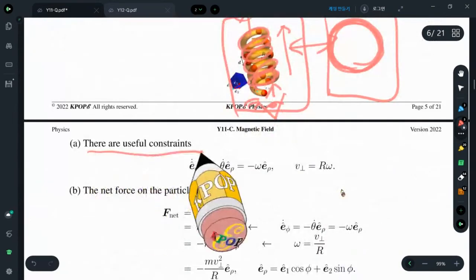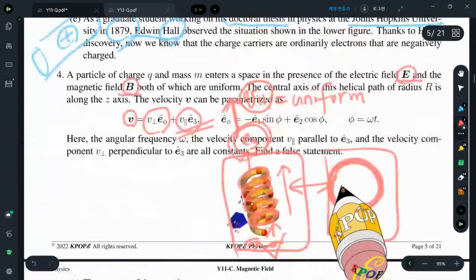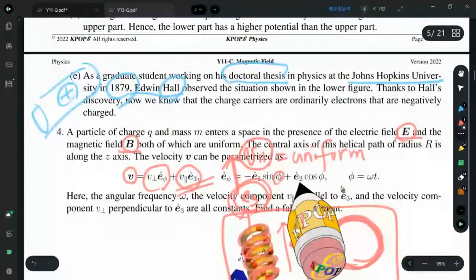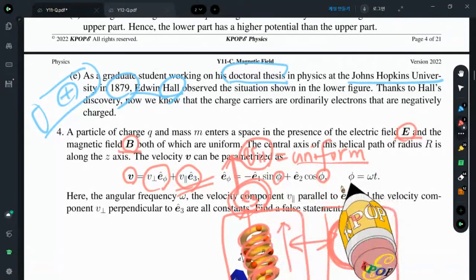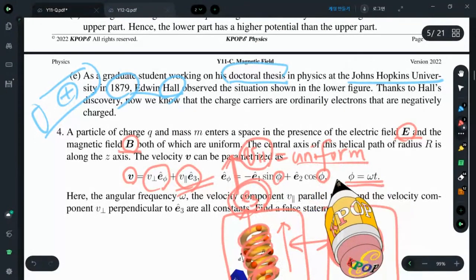There are useful constraints. This phi, uniform circular motion on the XY plane, so phi should be a linear function of time.